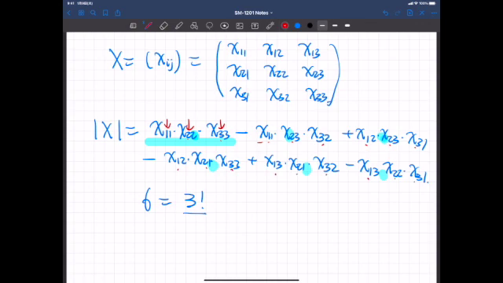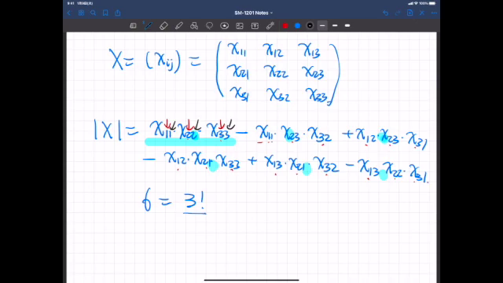Then look at the second index. Then we have, in this case, 1, 2, 3. So each number appears only once, and the same is true for all other terms.